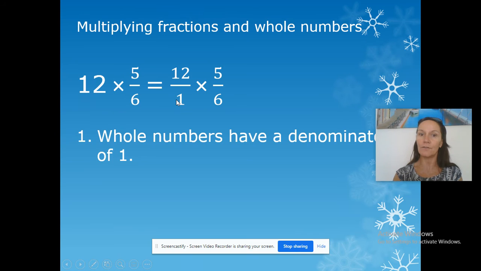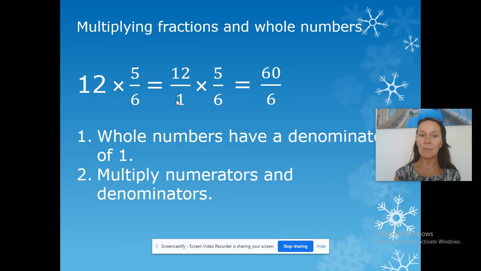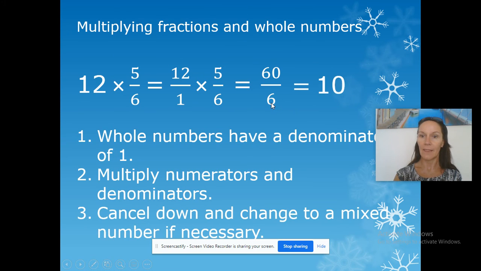And then you've got your new fraction. Multiply the numerators and the denominators as you did before. 12 times 5, 60. 1 times 6 is 6. Now you can see 6 goes into 60 exactly 10 times. So 12 times 5/6 equals 10.